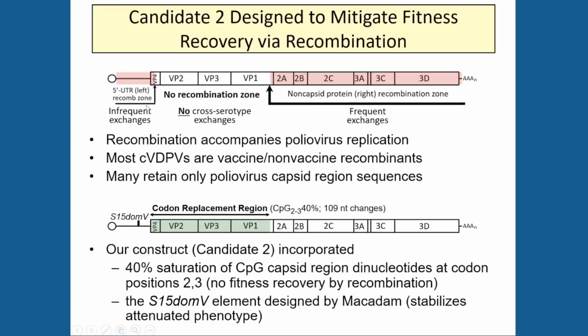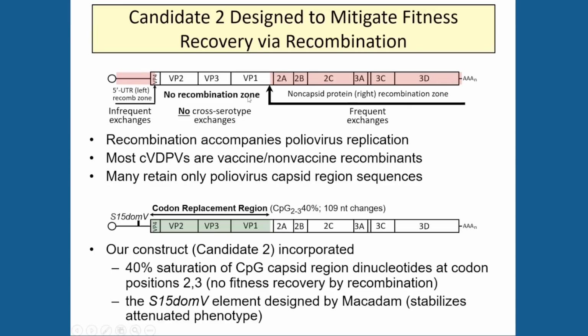And the 5' UTR also had recombination. So this is the left recombination zone, the right recombination zone. The exchanges are more frequent on the right side and the non-capsid side than on the left side. But that's perhaps in part because this is just a smaller area for crossovers to occur.